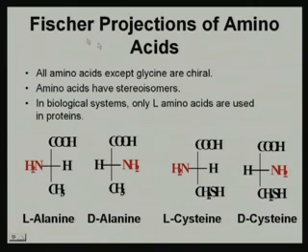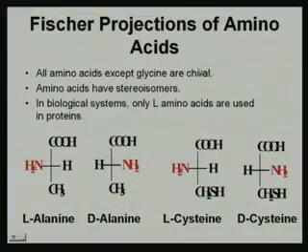Now, amino acids can be seen by the Fischer projection. All amino acids except glycine, where I have already mentioned the R group is simply H, and that is the reason it is not a chiral molecule. Amino acids have stereoisomers, and in the biological system only the L form of amino acids is used in the protein molecule and not the D form.